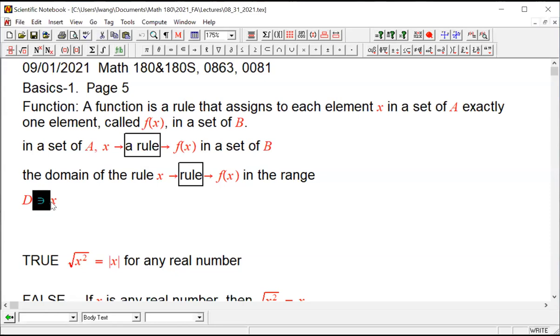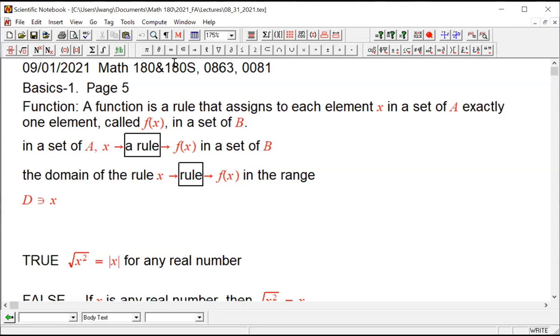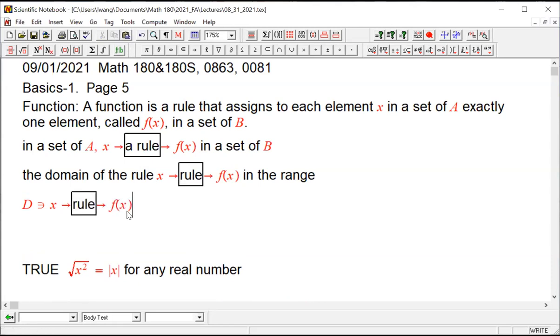This little symbol is telling you x belongs to the domain, which is saying the same thing, x is from the domain. And this x goes through the rule, it produces an output, and the output will belong to the range.